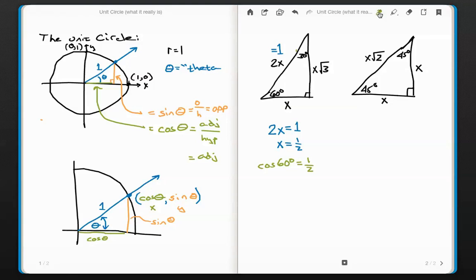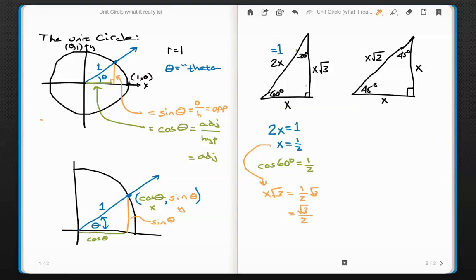And then the orange equivalent of that would be, if x equals 1/2, so x times root 3 has to equal, well, I know x is 1/2 already, so I'm going to put it in here. Equals 1/2 times the square root of 3. And that's a little cleaner to write as root 3 by 2.